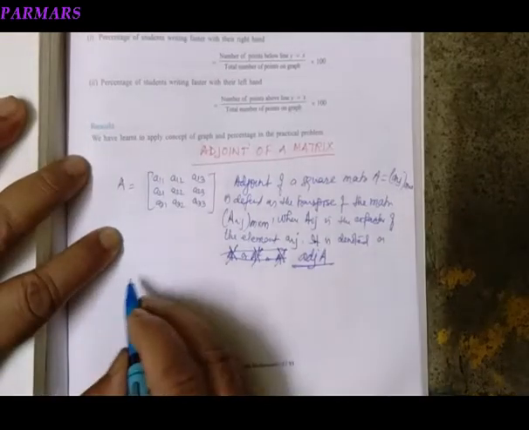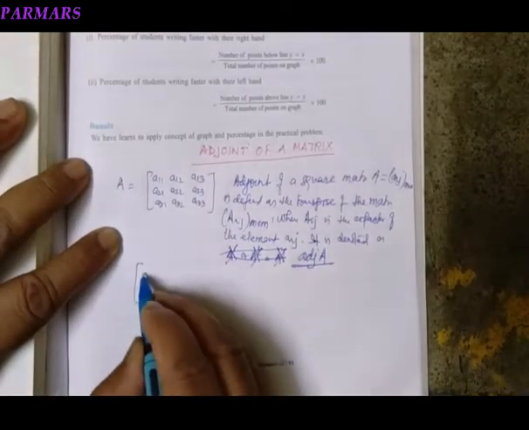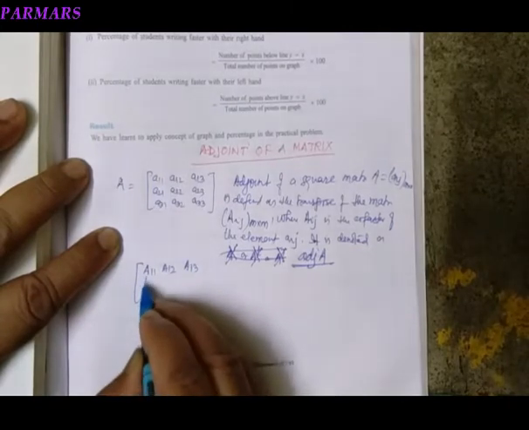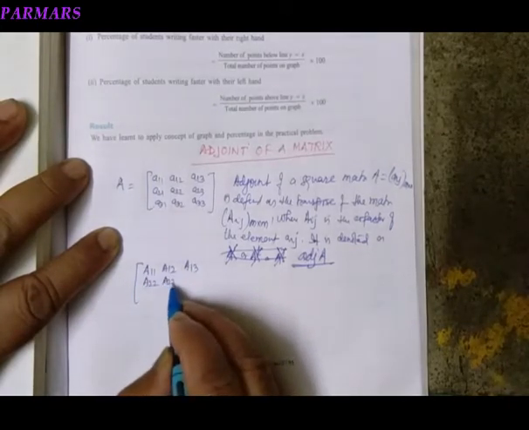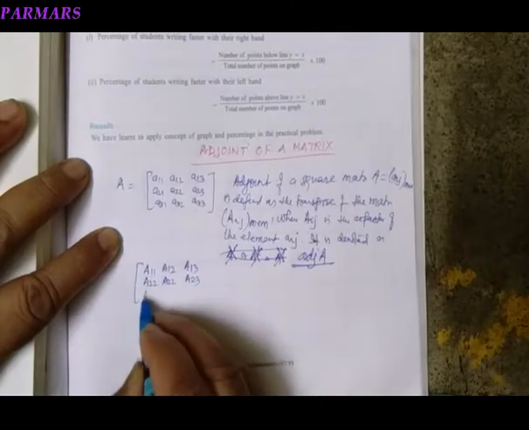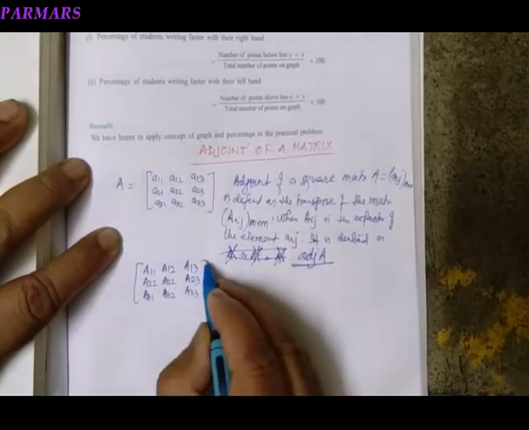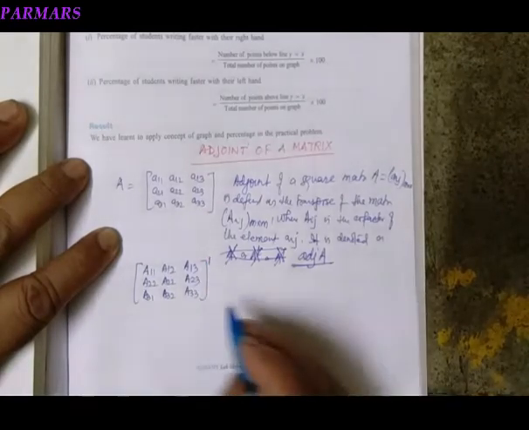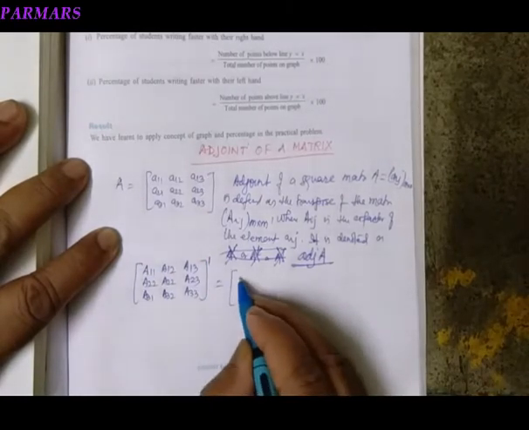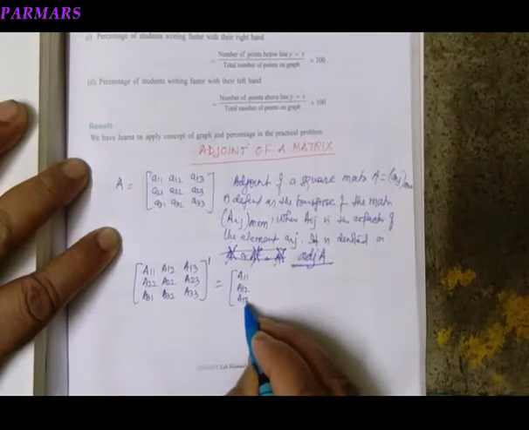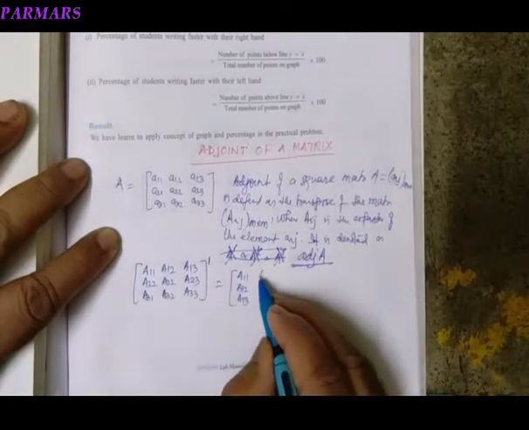So first we find the cofactors A11, A12, A13, A21, A22, A23, then A31, A32, A33, and then transpose. So what do you get? A11, A12, A13, which is in the row, becomes a column.